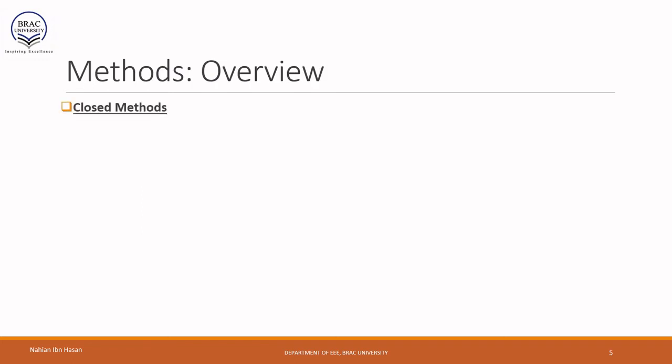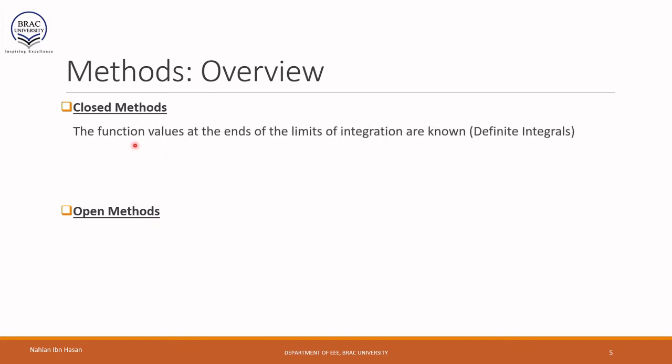So there are two approaches that we can follow for calculating the numerical integration. One approach is closed methods and another approach is open methods. We are going to find out the difference between these methods, but let's first look at some of the methods used under both of these categories. The closed method actually denotes that we do know the function values at the ends of the limits of the integration.